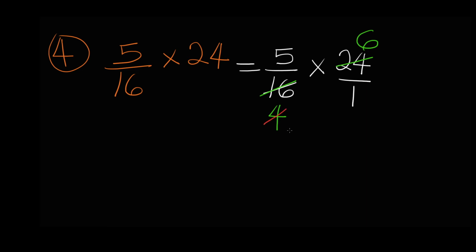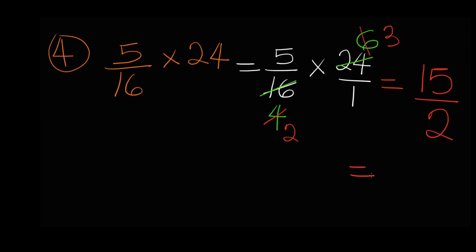So 2 in 4 is 2. 2 in 6 is 3. So in that case, you will realize that nothing can divide anymore. So I will multiply out 5 times 3. That is 15. 2 times 1, that is 2.